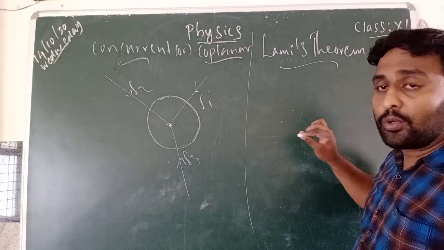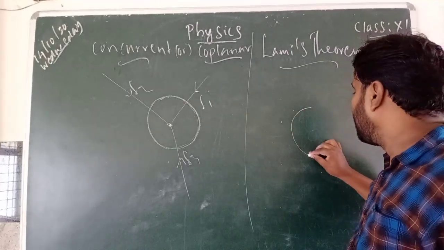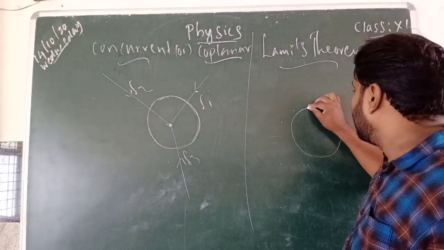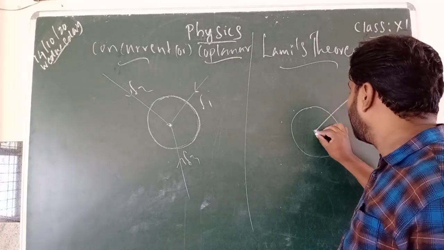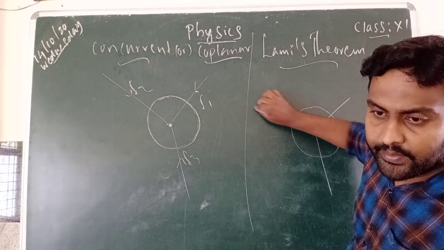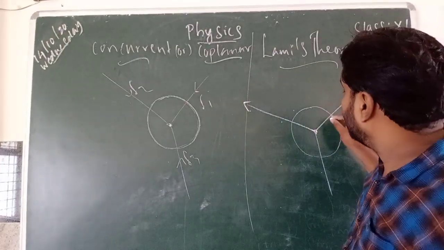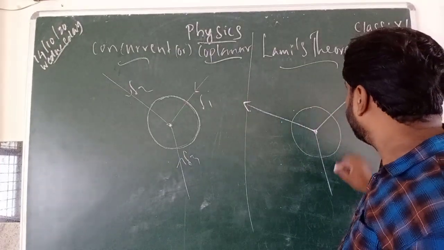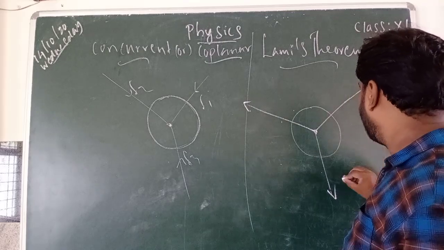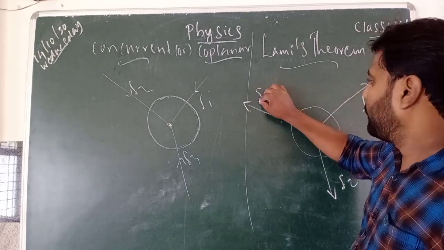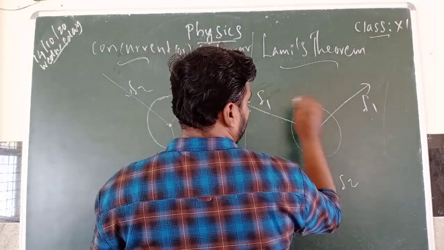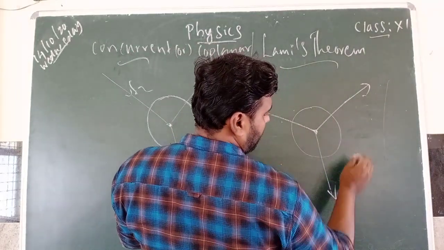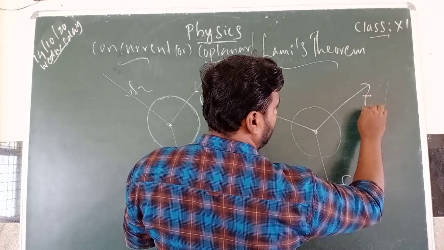Suppose the system is like this: F1, F2, F3. You can go to the textbook for F1, F2, F3.